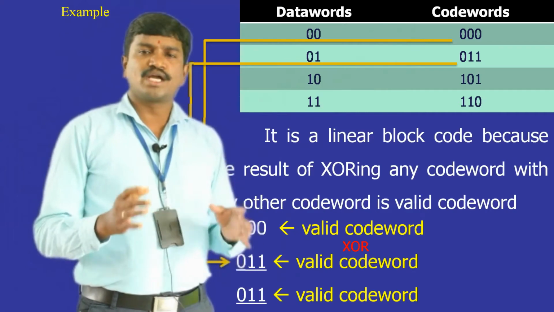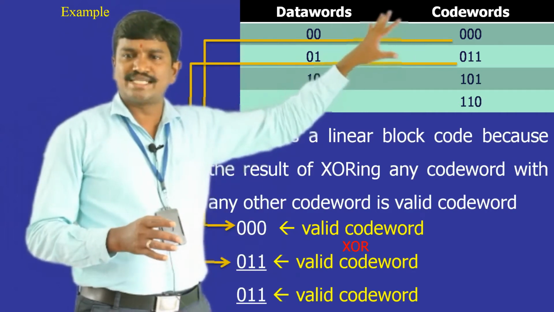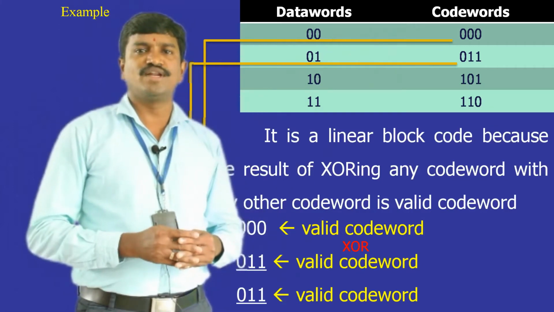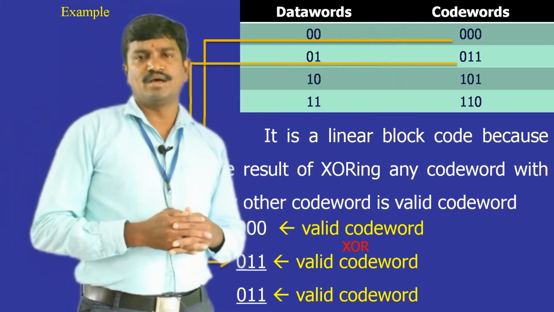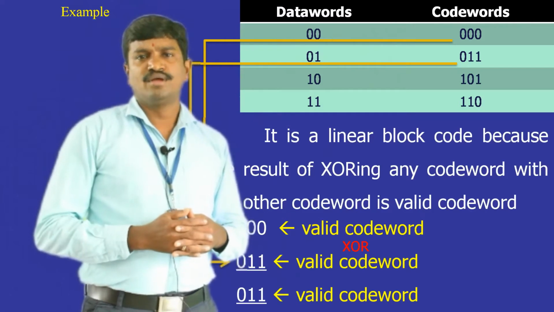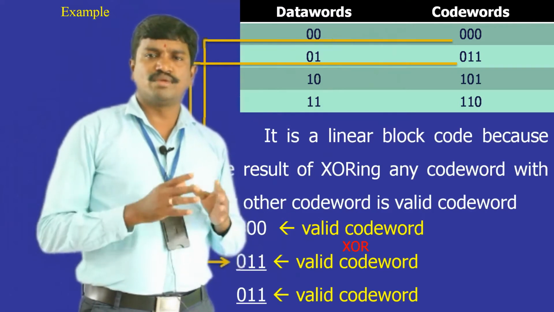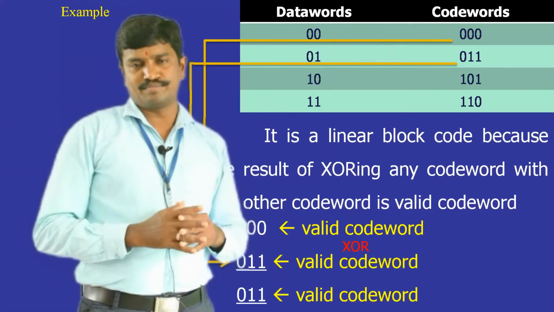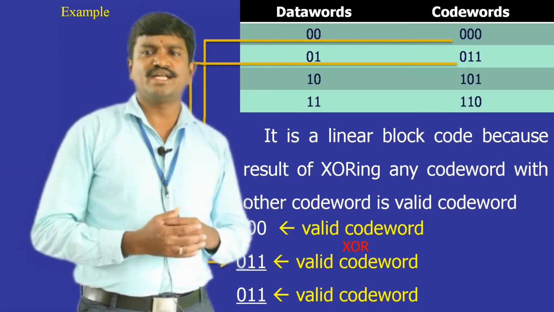So we can conclude that the coding applied in this method is a linear coding. That is the principle of linear coding: XORing any two valid code words must result in one more valid code word present in that table. If it is not so, then it is not holding that principle.